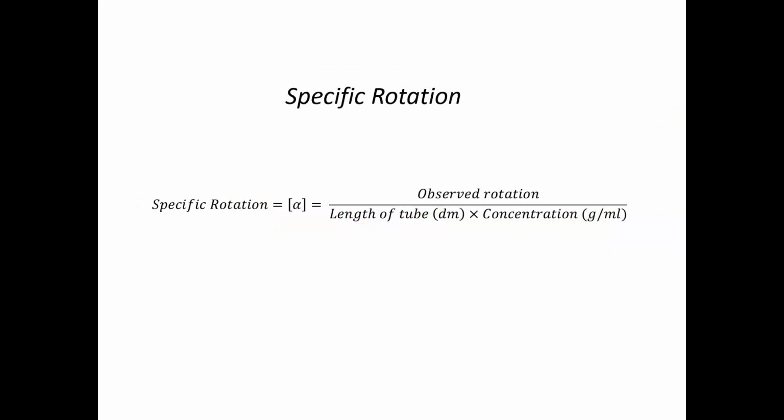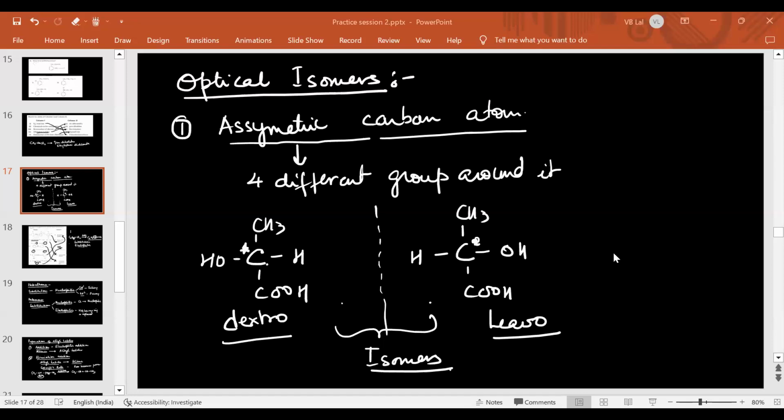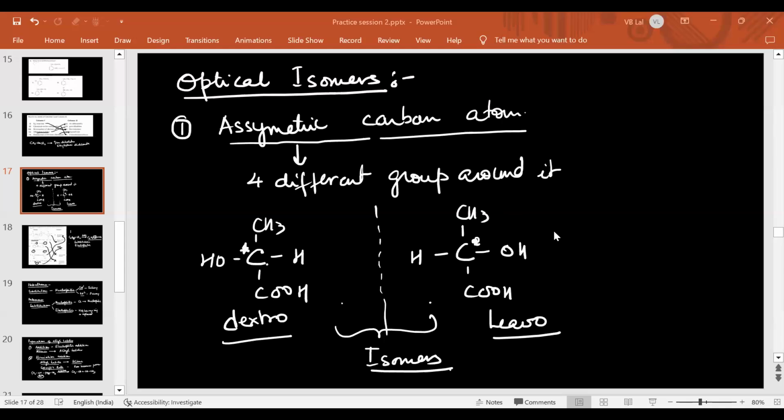So what is the significance of this? Sorry, the screen is loading.